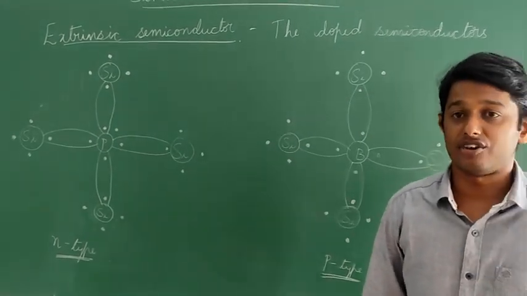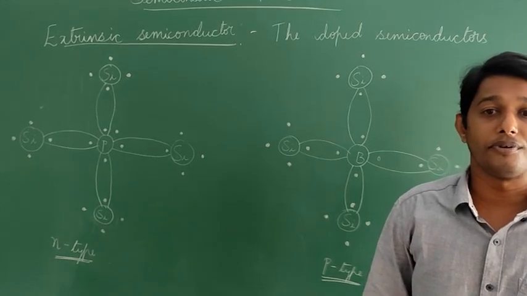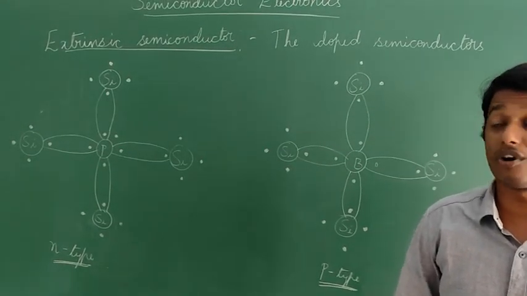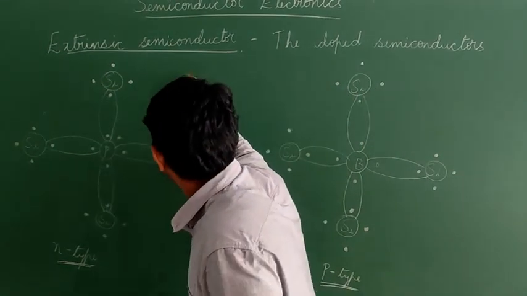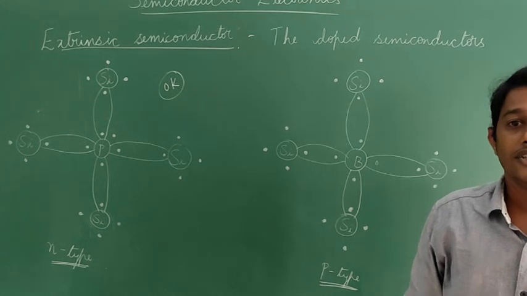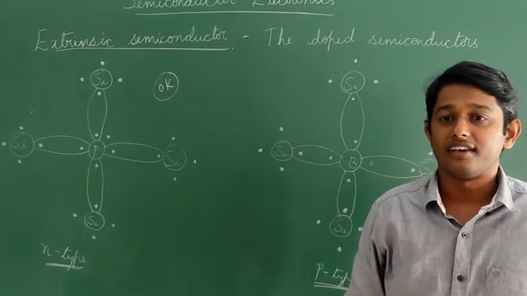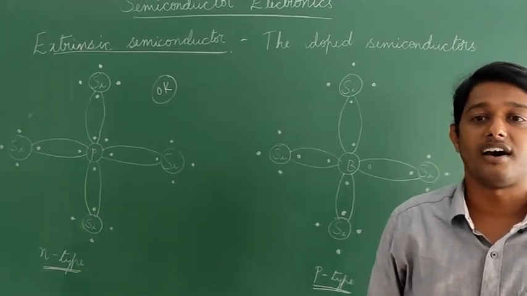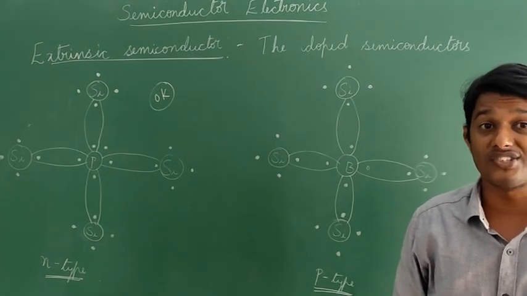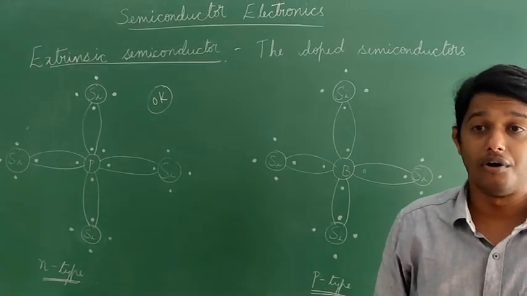The free electrons donated by donor impurity are available for conduction even at 0 Kelvin. You have to know this. So in N-type, the number of free electrons is greater than the number of holes.